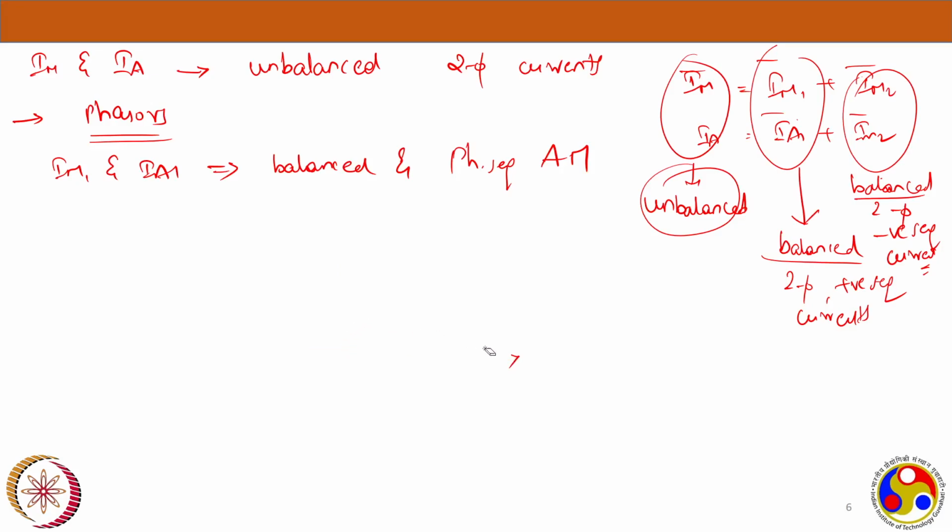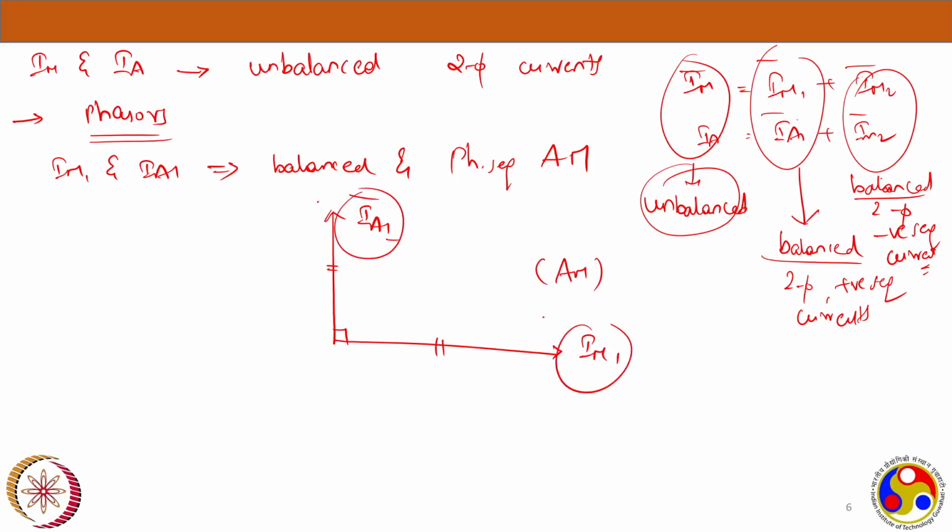This is a phasor, this is another phasor, and this is the IM1 positive sequence component. They are 90 degrees apart. This is IA1. These are the positive sequence components. And what will be the phase sequence here? I'm assuming the phase sequence is AM in the anticlockwise direction. If you see, IA1 is leading IM1.